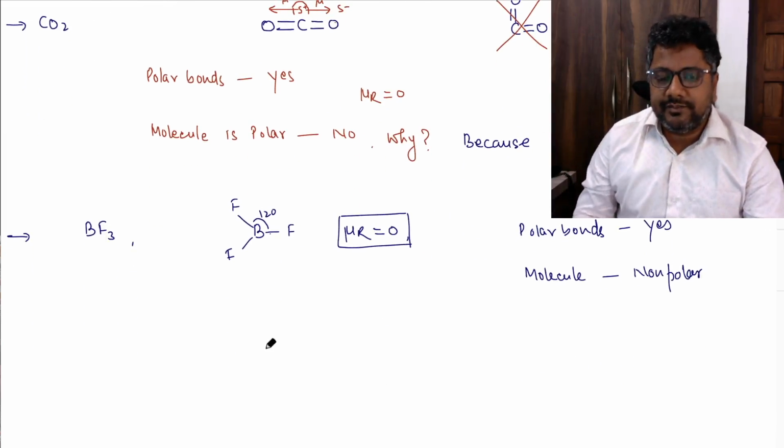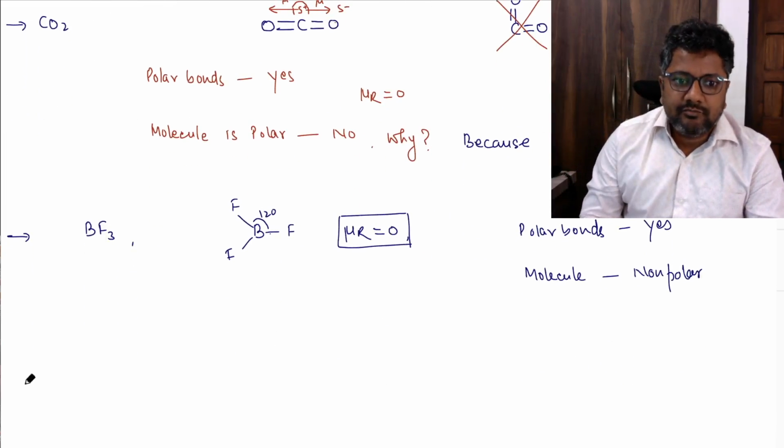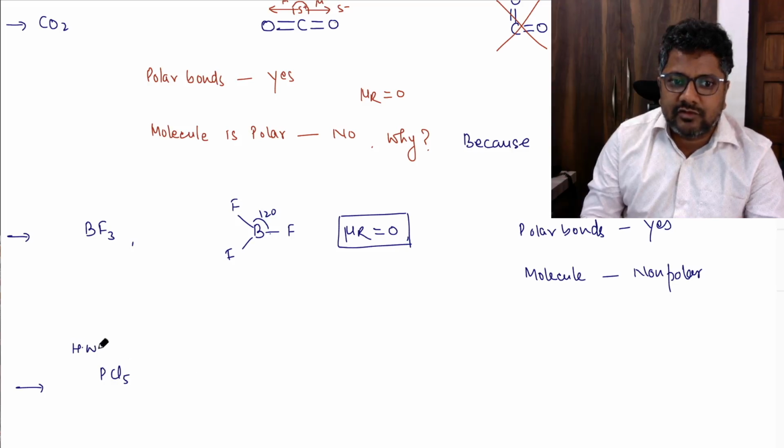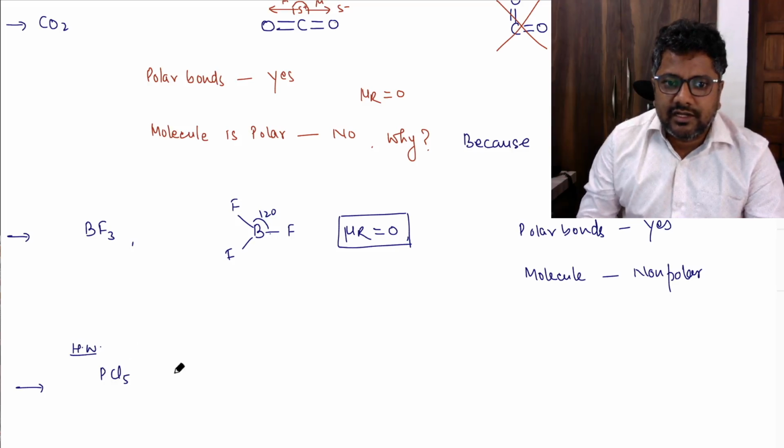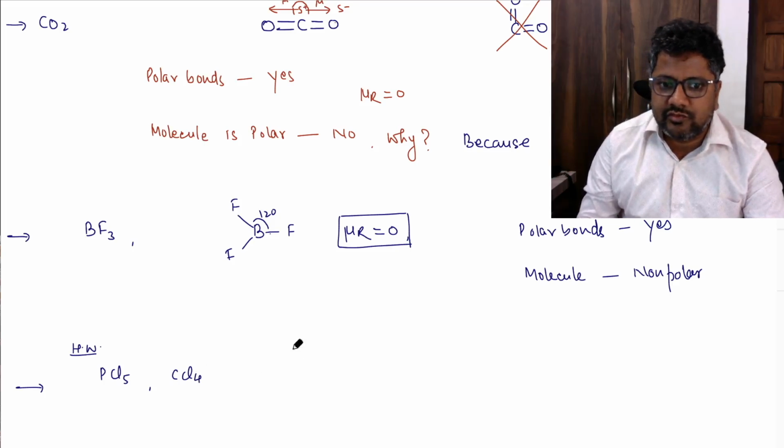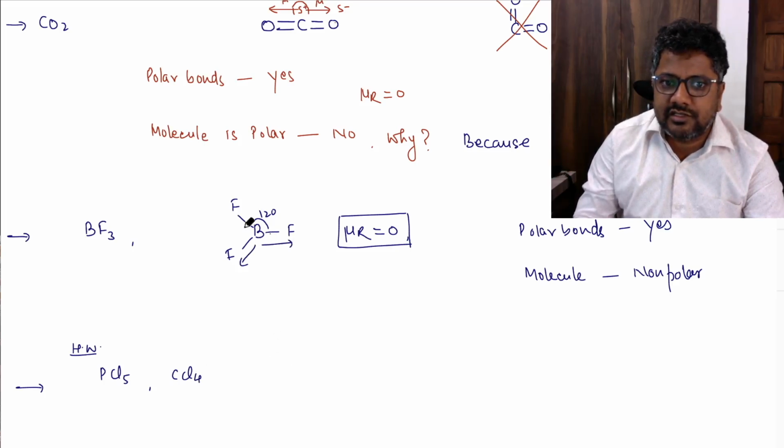Similarly, if you see the PCl5 molecule, now this is homework. All of you should draw the structure and find the mu resultant for this, and the CCl4 molecule. For all these the mu resultant is 0. So draw the perfect structure showing the different vectors, right?